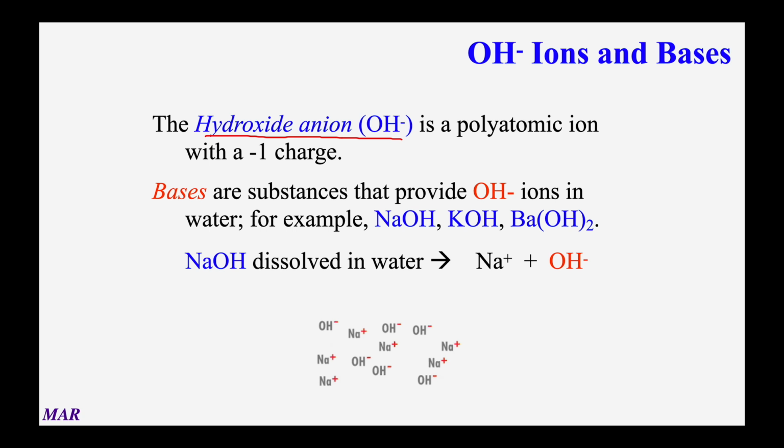And if you have the hydroxide by itself, there's a lot of energy possible. A base is a metal hydroxide, so you can see the examples there. Sodium is a metal, potassium is a metal, barium is a metal. So sodium hydroxide would be NaOH, KOH would be potassium hydroxide, and the last one there would be barium hydroxide.